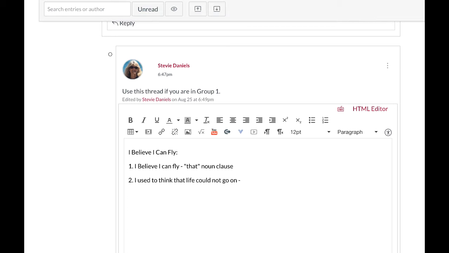It has a modal, used to, and then think. And then think again has an object, which is a noun clause, and the noun clause is life could not go on, right? And in this case, they did include the that. We still don't have to. I used to think life could not go on, but in the lyrics, it did include that this time. So this is a that noun clause.